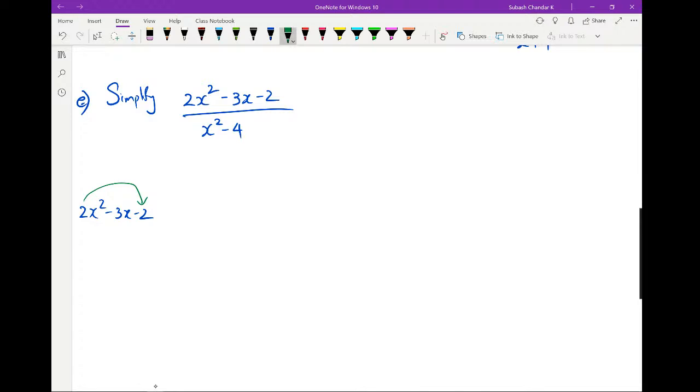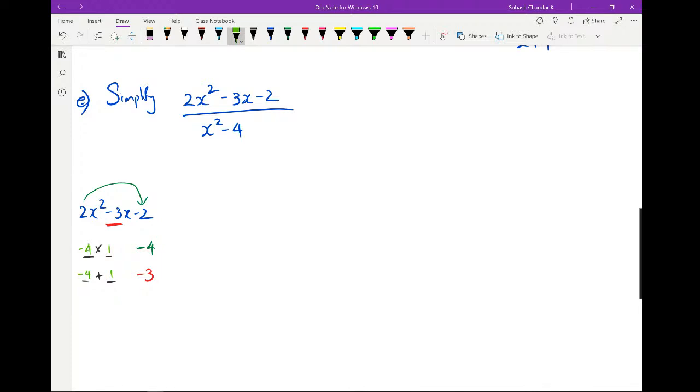So the first step is 2 times negative 2, which gives us negative 4. So what we're looking for here is two numbers that multiply to negative 4 and add up to minus 3. Our two numbers are going to be negative 4 and positive 1, and negative 4 plus positive 1 equals negative 3.